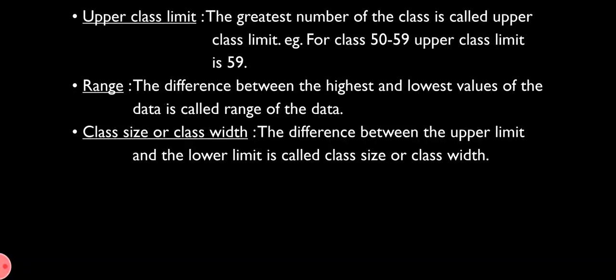It means whatever observations are mentioned in the given data, from that we first find the highest and lowest, and the difference between them is called range. And class size or class width is nothing but the difference between the upper limit and lower limit of the class.